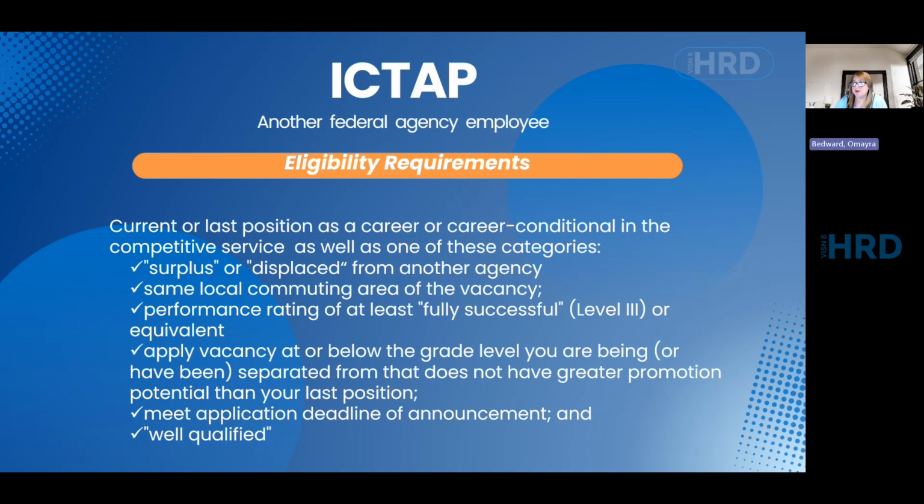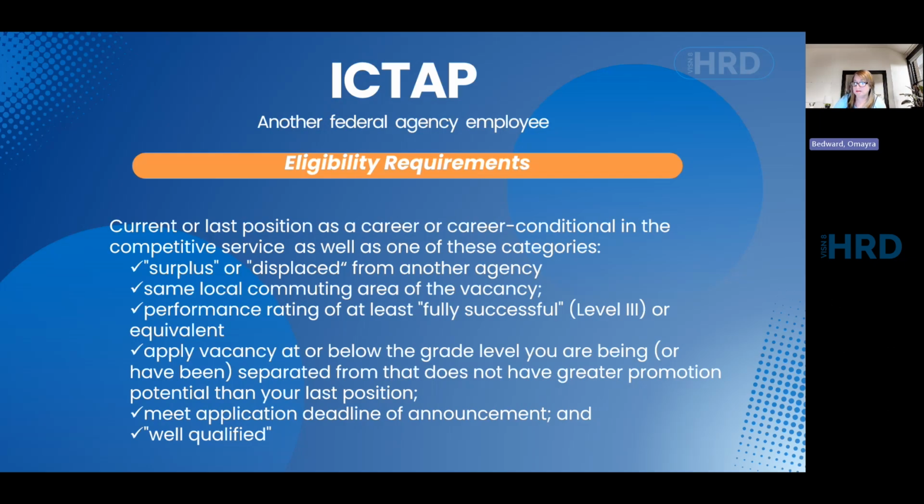They have to provide the most recent performance rating, at least fully successful or equivalent. Now, this requirement does not apply to ICTAP due to injury compensation or disability annuity. So if they are a recipient of ICTAP based on those two, the performance rating does not apply to them.